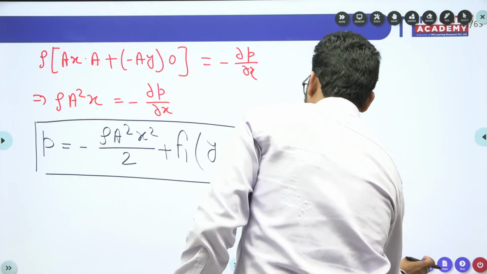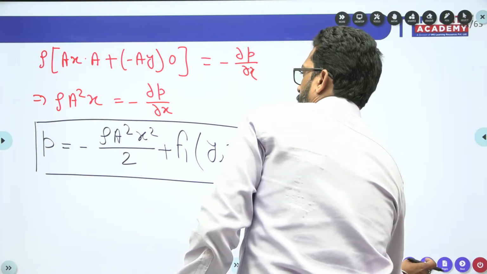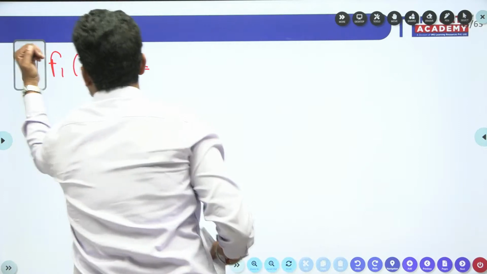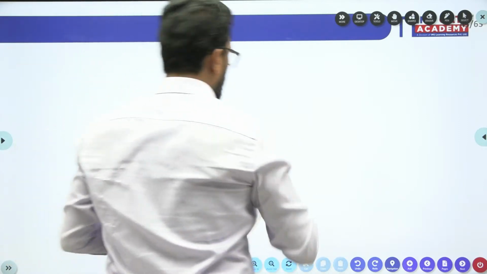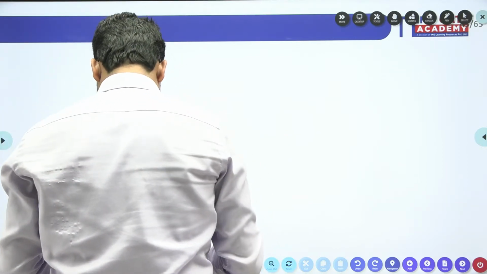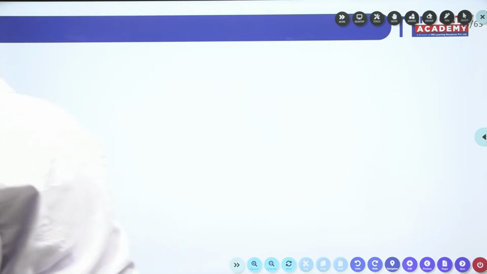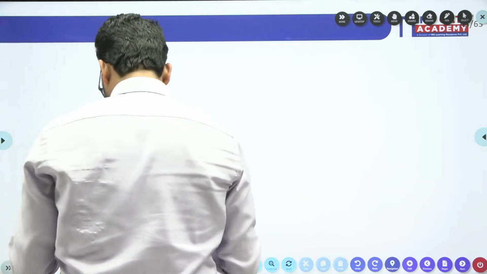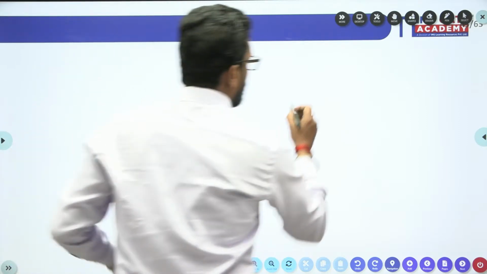If you find F1 now, first I write this equation here, please. Every time we are not supposed to be able to cut, no problem. X, Z. So what is that? X direction momentum equation. Here we can write, no problem.